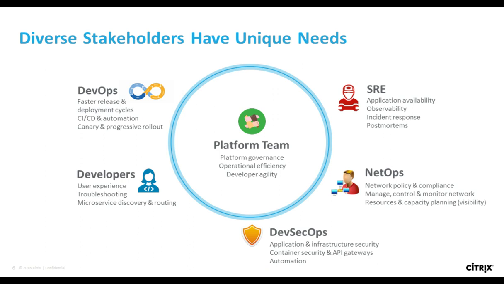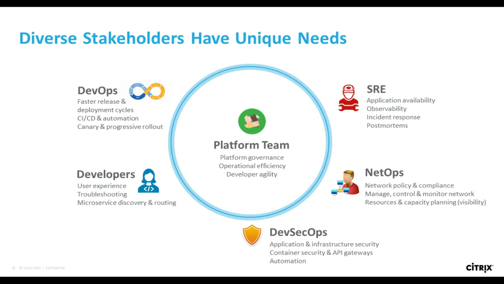The NetOps teams who have traditionally run ADCs or managed the network care about network policy, compliance, managing network, and monitoring it, and also some part of the resource and capacity planning. While DevSecOps is really about application and infrastructure security. They want to make sure containers are secure, APIs, gateways are doing their function. They also care about automation.